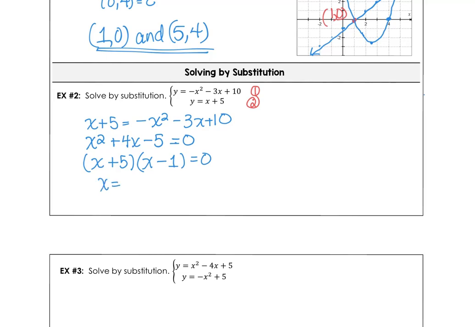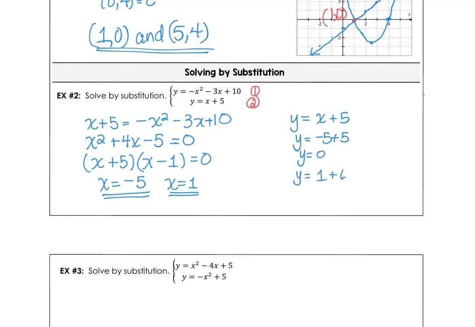So we have 2 solutions when x is negative 5 and also when x is 1, but we need to find the coordinates for the ordered pairs. So by substituting into equation 2, y equals x plus 5, when x is negative 5, y is 0, and then when x is 1, y is 6.